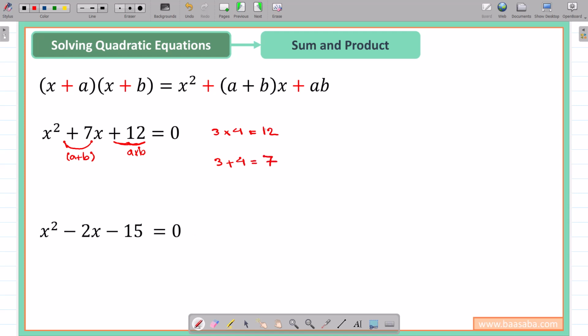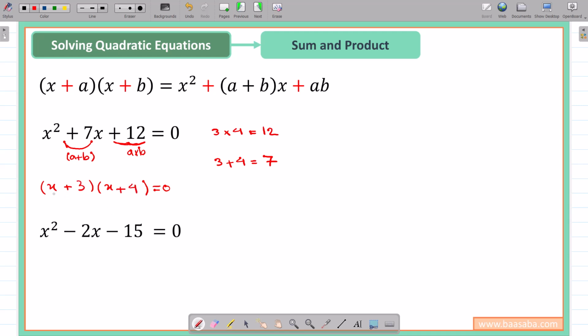So we got our numbers. We have two brackets here. Our common factor is obviously x, and our a and b are positive 3 and positive 4.